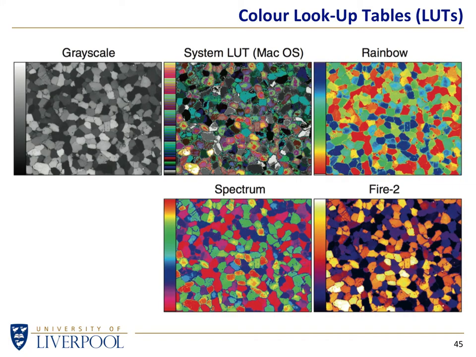So for instance, with any image, we have that ability to start with a grayscale image where the intensities are displayed purely as a function of levels of gray, and we can choose to color that in any way we choose to try and bring out the difference between one level of gray and another. But these are totally artificial in that all we've done in the computer is to say, for a given shade of gray, represent it by this color, or by that color.